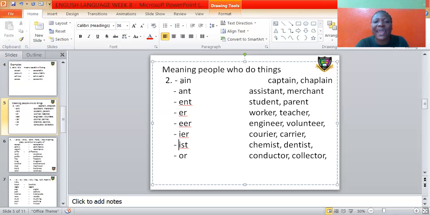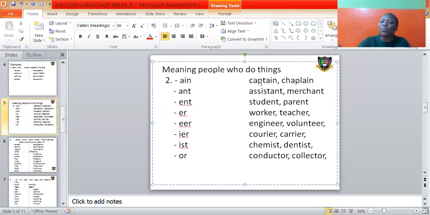So by the time you put AIN, you have captain. You can have chaplain. You can have assistants. That means people who do things. Assistants, merchants, students, parents. Work as a job, you put ER, it becomes worker.